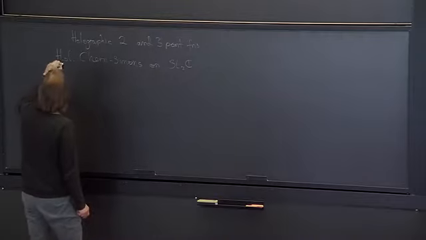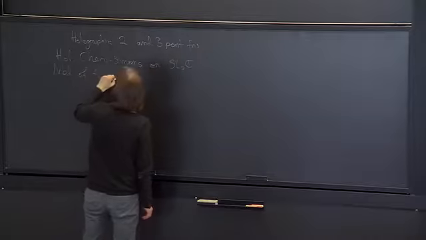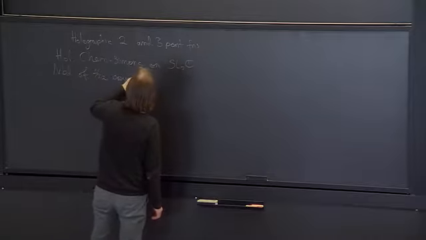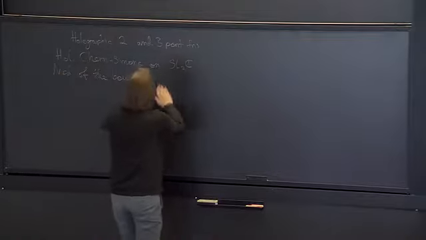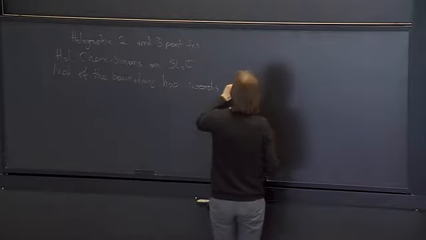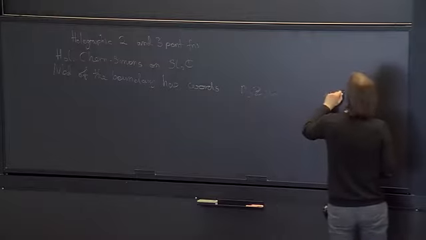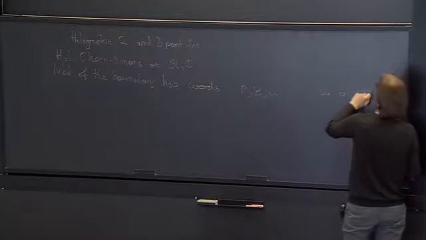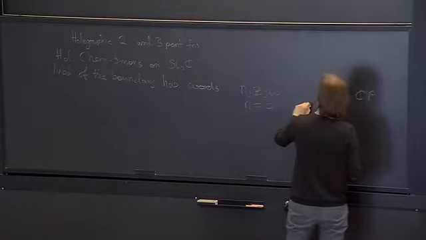The neighborhood of the boundary looks like it has coordinates n, z, w, where w is on a CP1. N equals 0 is the boundary.